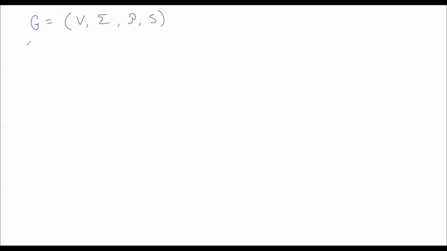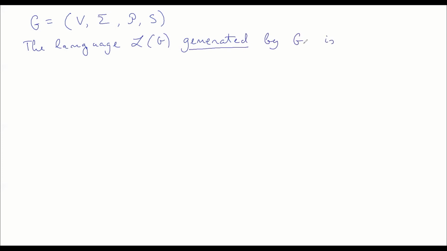And we will say the language L of G generated by grammar G is this set. There are a few things that I want to draw your attention to. So I'm first writing it, and then I explain.